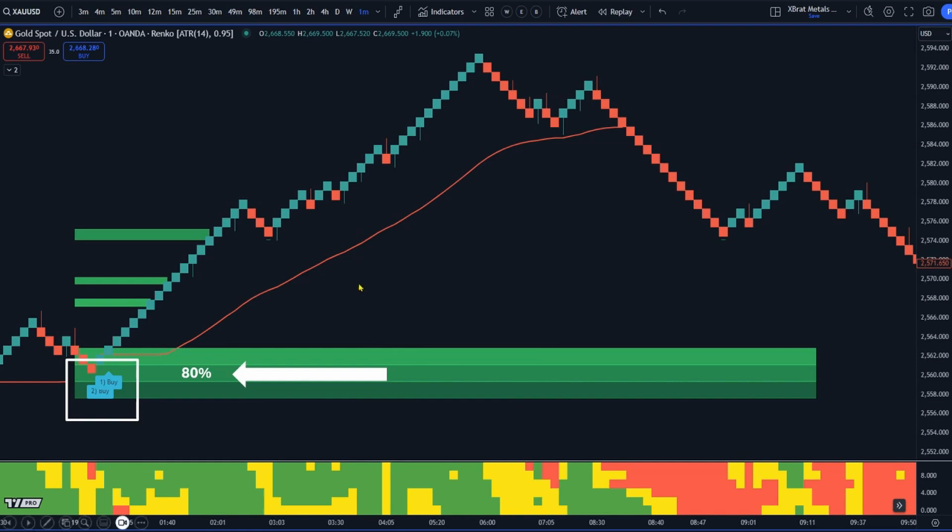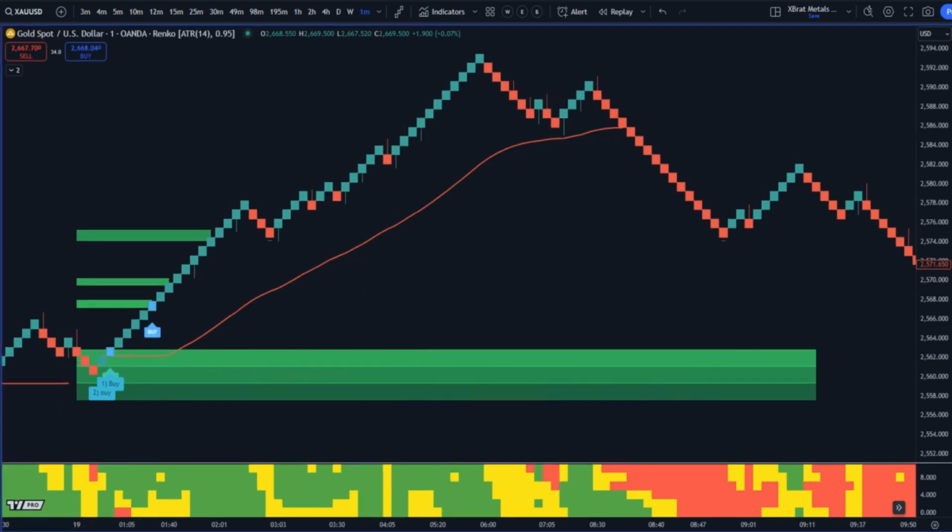This is where the VWAP Predator comes in. The next chart is the same chart, but I've added the VWAP Predator. Now we can see these little buy signals, this blue here, and this blue here. This is from the VWAP Predator. This comes early on in the move, and this means there's momentum.